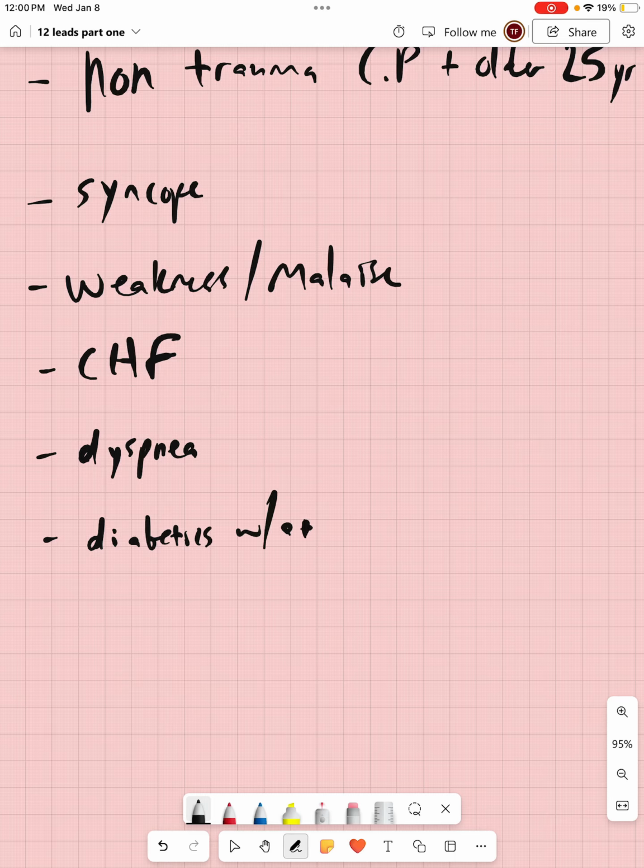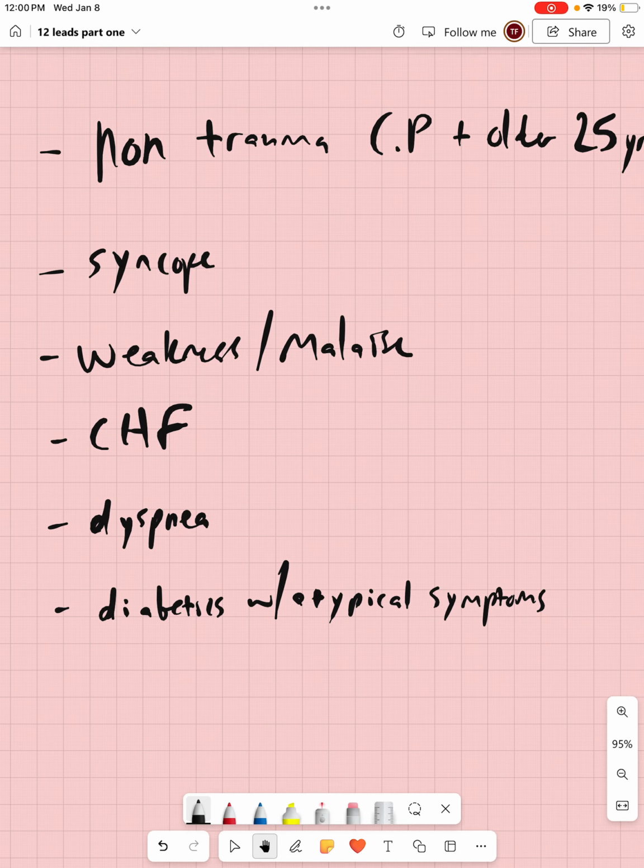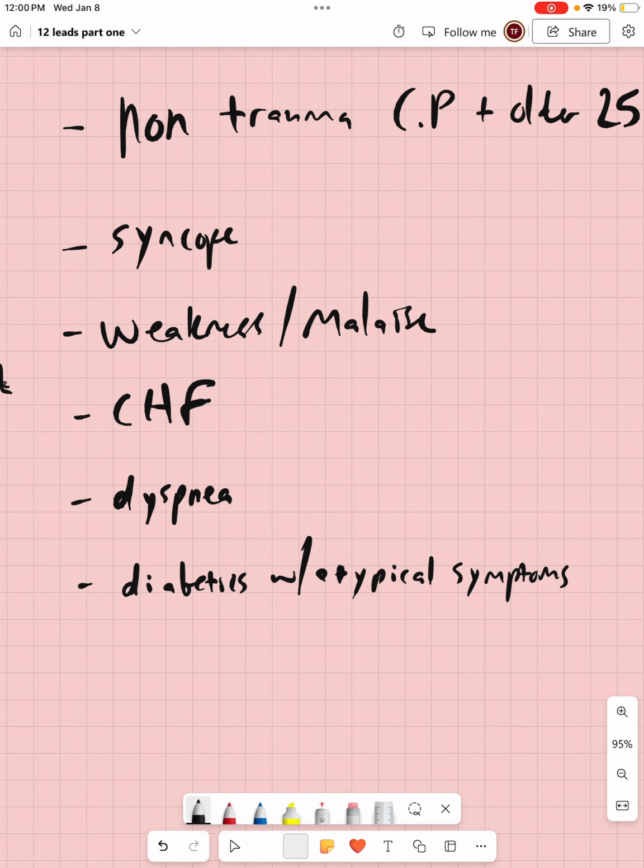Specifically, diabetics with strange atypical symptoms that don't really point towards one specific illness or injury. I'm going to think, I want to see what this heart's doing. This list could be very exhaustive. So that's why I try to preface it with a general concept for you to apply when you're on runs.